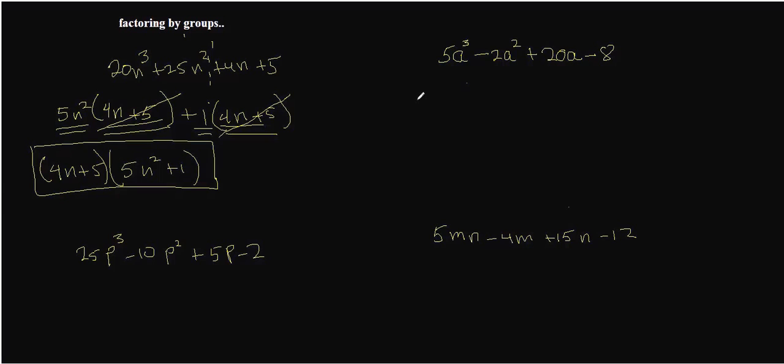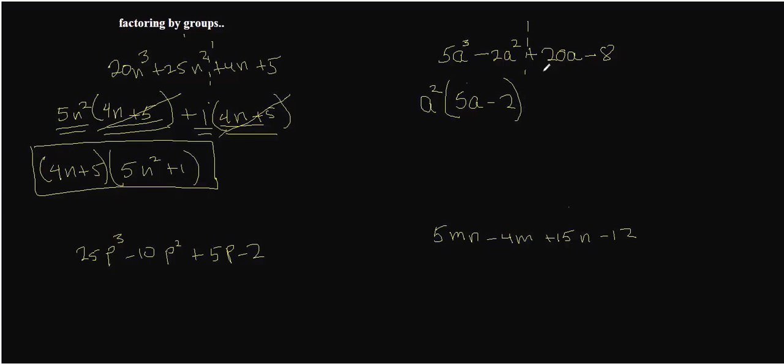Now moving on to the next example over here. In a similar fashion, I have 4 terms. We break it up into pairs, and right away you look for the common factor. Here, the only thing the first 2 have in common is an a squared. So we take the a squared out, and what's left over is 5a minus 2.